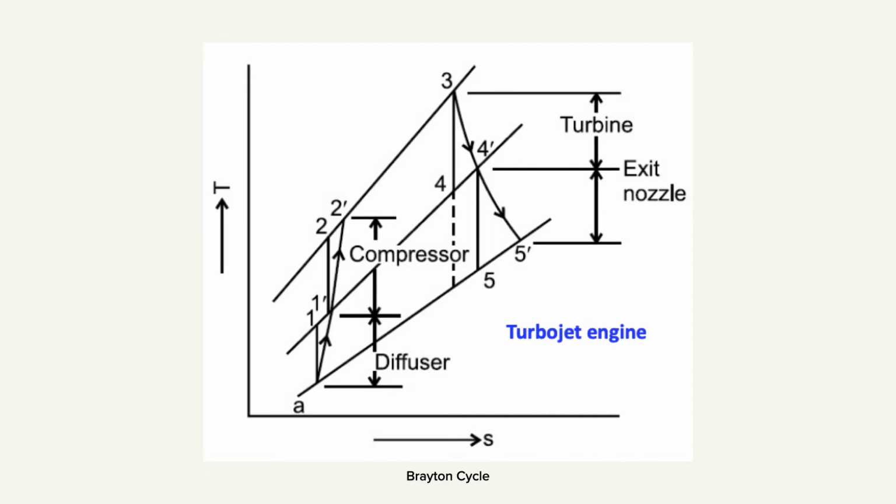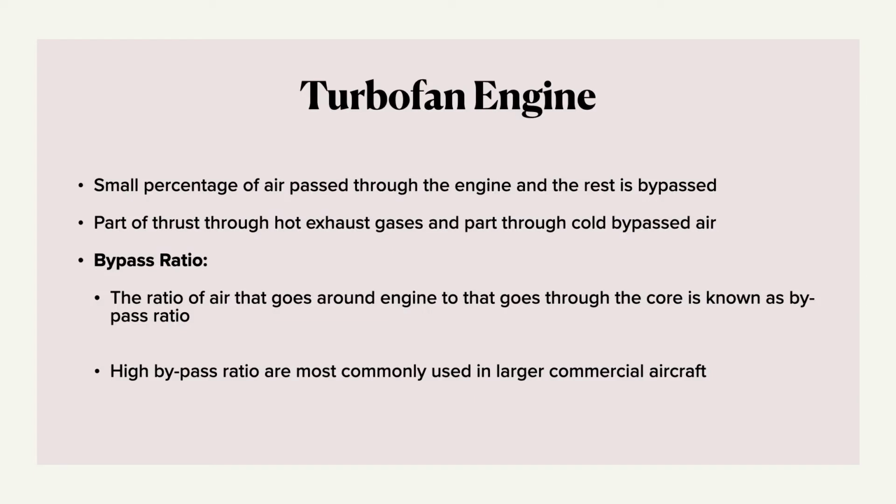After this, the air is released into the atmosphere at high velocities, which produces thrust. However, for the sake of simplicity and to help us analyze the cycle, we consider this cycle to be a closed cycle and assume that the exit air is again cooled in a constant pressure heat rejection process and recycled to feed to the diffuser.